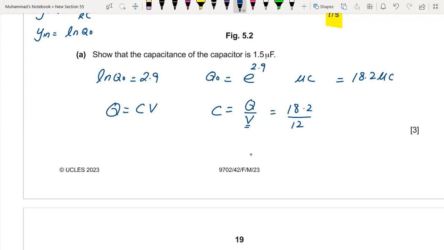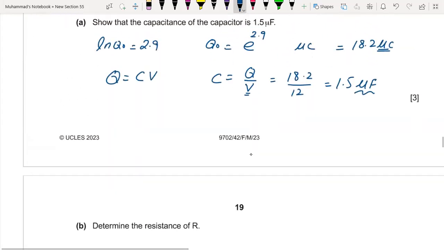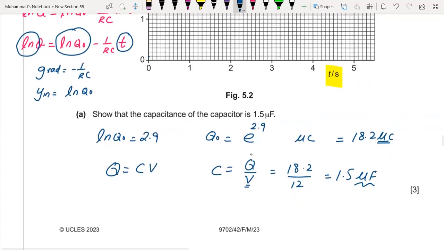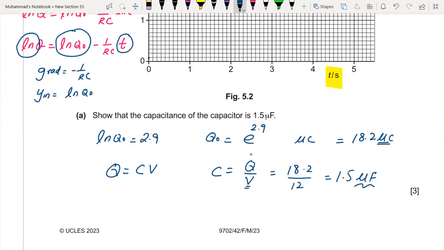And if you convert this microcoulomb into coulomb, then the capacitance will be in farad. So the answer will be 1.5 microfarad. So if you have to find the capacitance in microfarad and you know the charge in microcoulomb, then there is no need to convert that. Okay. So this is initial. Determine the resistance of this. From this graph, you can see that gradient is minus 1 over RC.